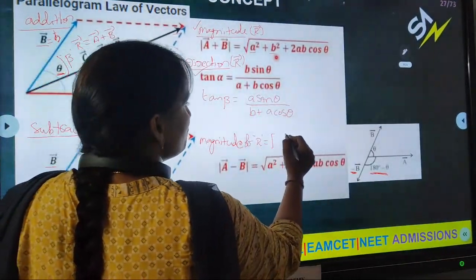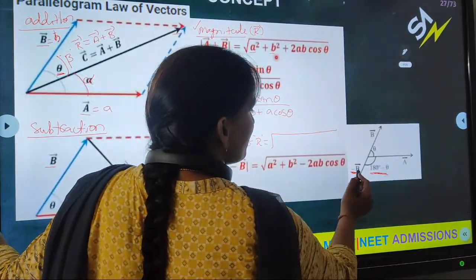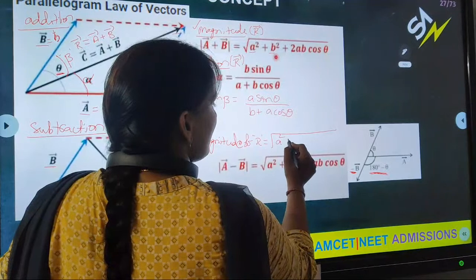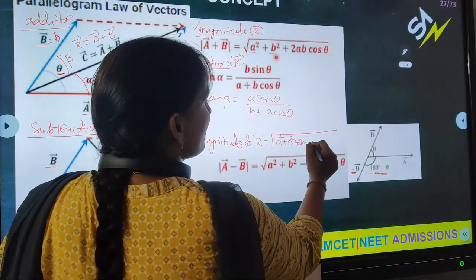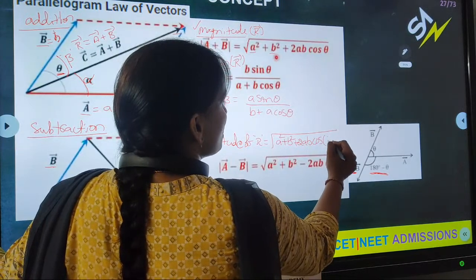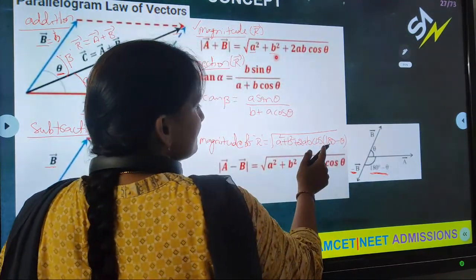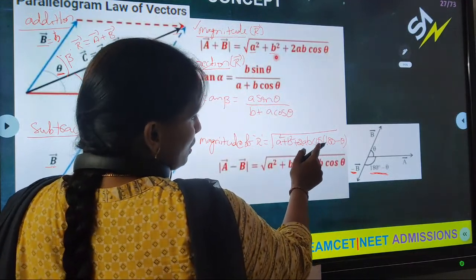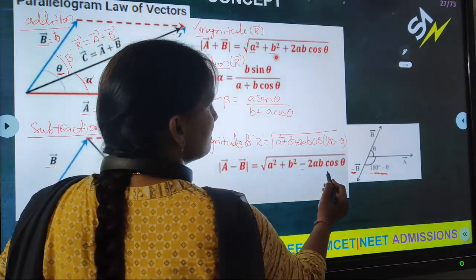will be equal to, if a and b are the magnitudes of a bar and b bar, a square plus b square plus 2ab cos 180 minus theta. So it is in the second quadrant. So cos 180 minus theta will be minus cos theta.